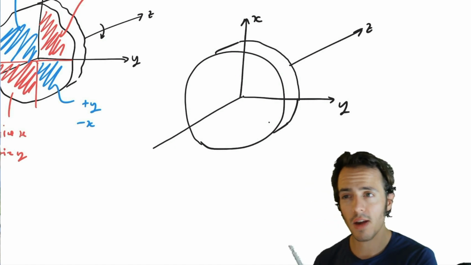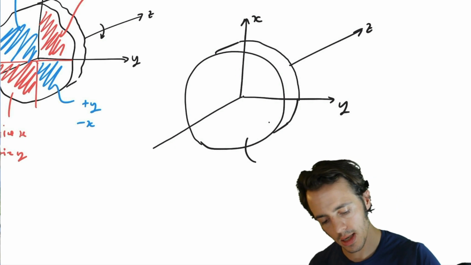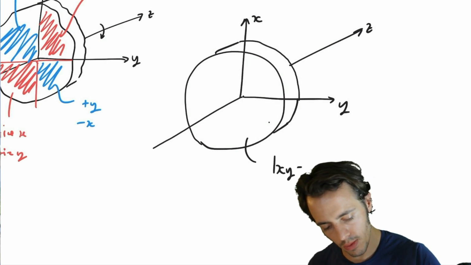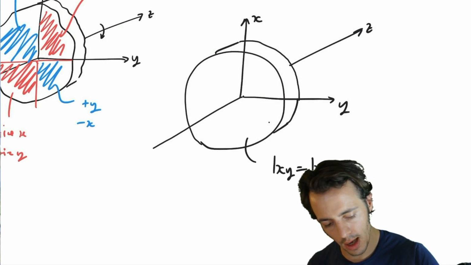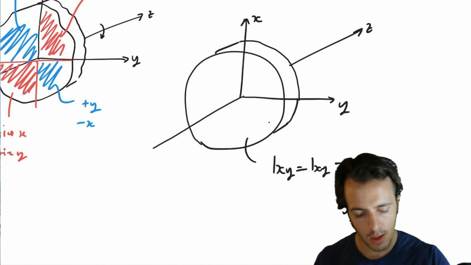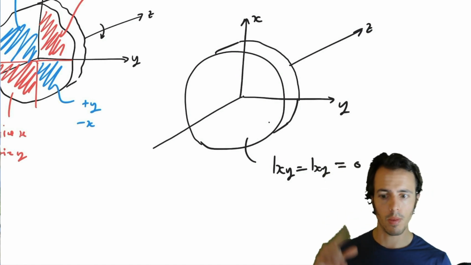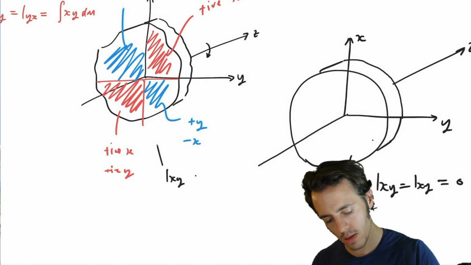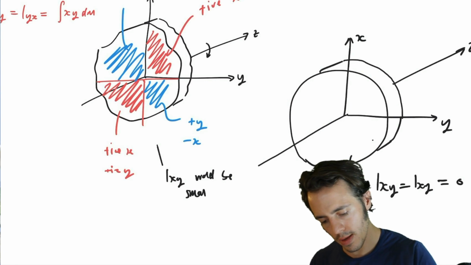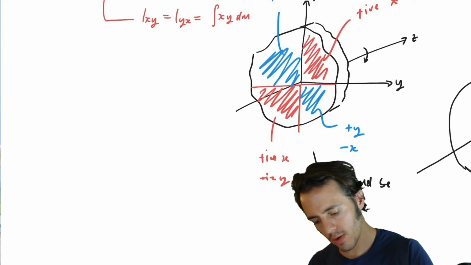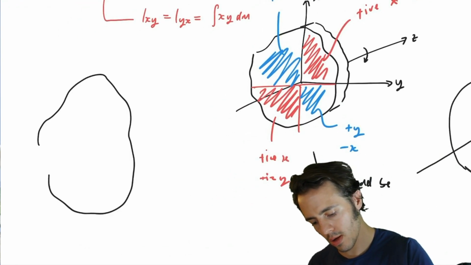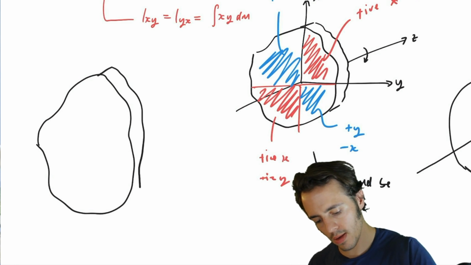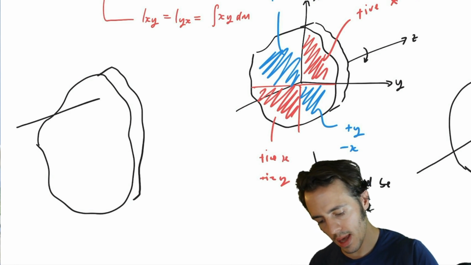Then Ixy would be equal to Iyx, which it always is anyway, would be 0 for this object. Okay, be small for this one. And then if I drew another object, let's say I've got some arbitrary object, but my axis is up here.